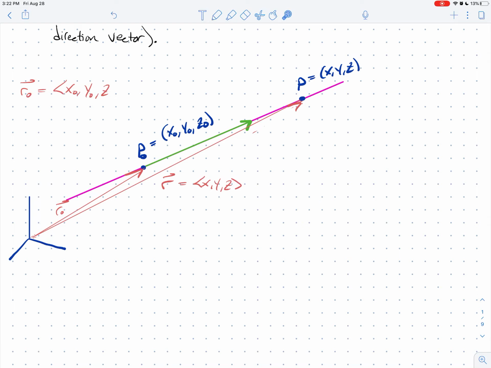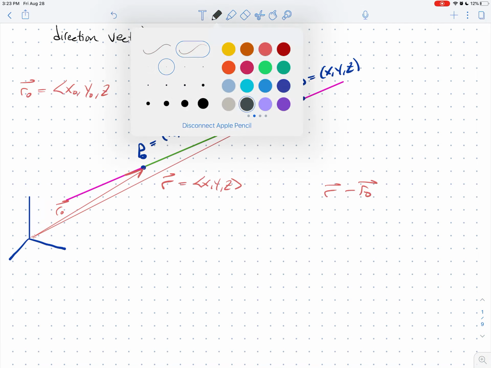And so now I want you to think about what it means for this point P to be on the line. I've got a vector here, and I've got a vector here, and I'm interested in this vector in between them. You tell me what it is in terms of R naught and R. Hopefully you know it's exactly R minus R naught, right? That's this vector. And so you can see now, let's write it together.